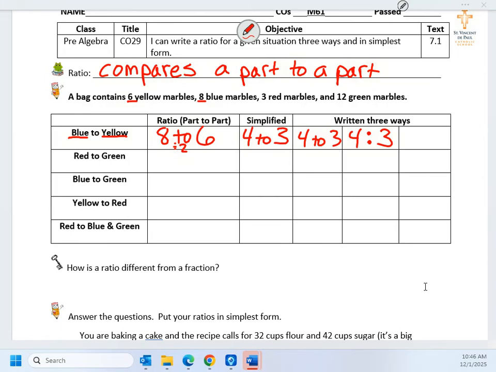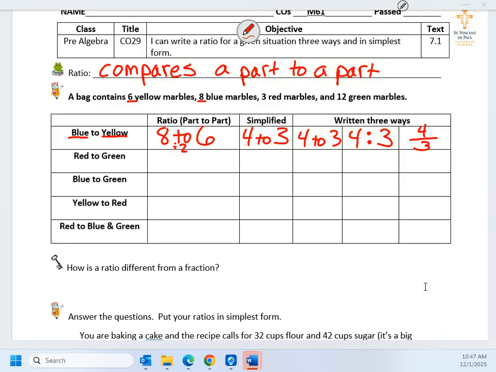We call it 4 to 3. Okay? It just has a colon instead of the word to. Our last way looks like a fraction. 4 to 3. 4 on top, because that's the first one we say when we say our fraction, we say the numerator first. So that blue needs to be on top, 4 to 3.